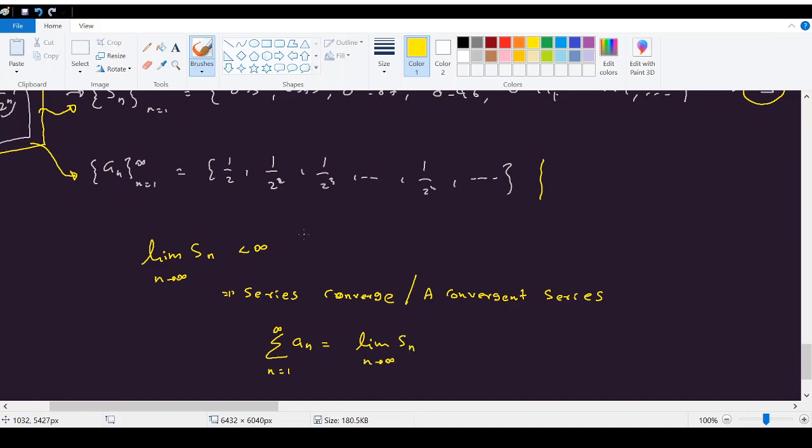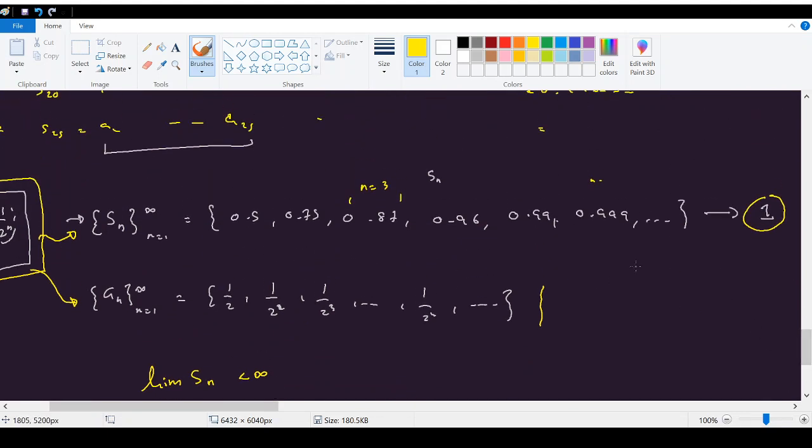Now in this case it was equal to 1, so you can see that the sum is equal to 1.